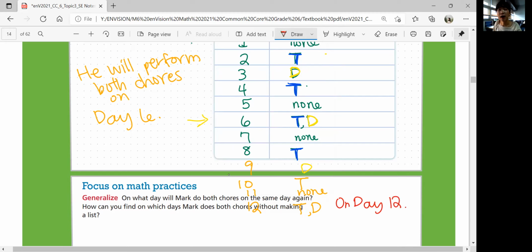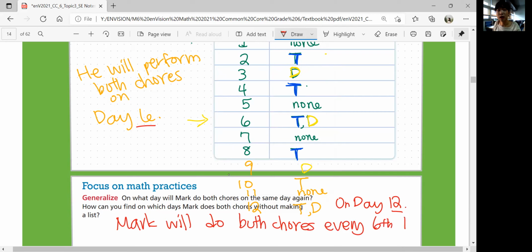So do you see a pattern? We have day 6 and day 12 where he does the dishes and the table on the same day. So we can say Mark will do both chores every how many days? 6th day, right?